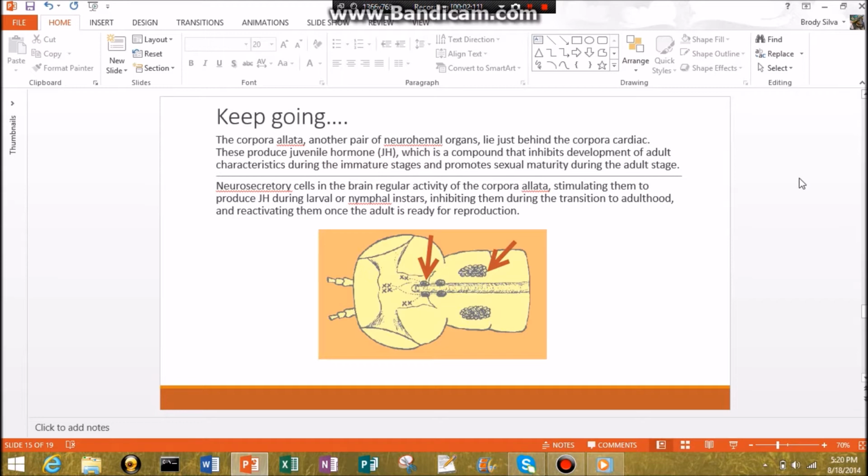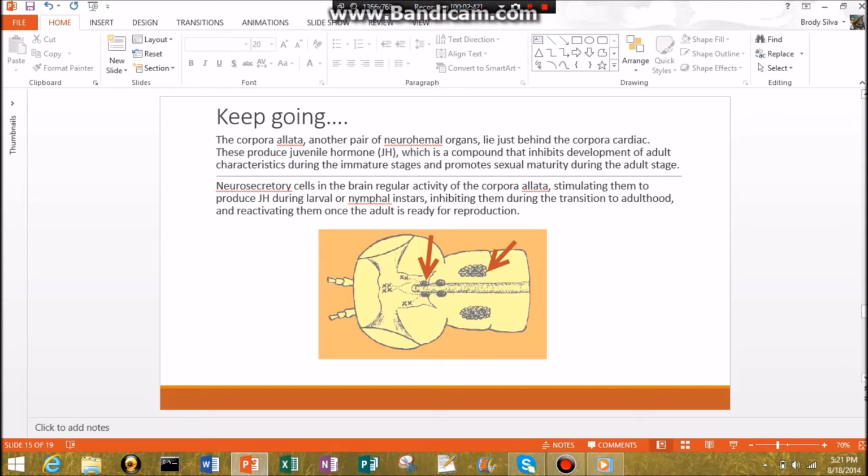These are commonly at work during metamorphosis. Well, that's obvious. While they're in the pupa stage for complete metamorphosis, and in sex, mostly. Near secretory cells in the brain regulate activity of the corpora allata, stimulating them to produce juvenile hormone, or JH, during larval or nymphal instars, which we'll learn about later, inhibiting them during the transition to adulthood, and reactivating them once the adult is ready for reproduction.